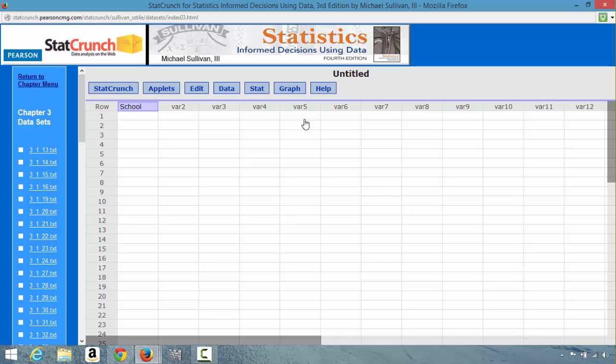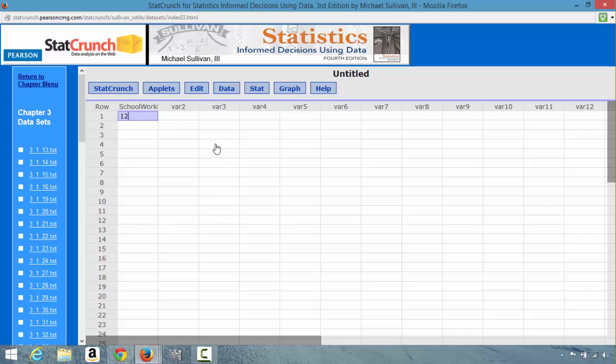Schoolwork hours. I'm using camel case letters. If you are naming your variable, no space. Don't use space. You see variable 2, variable 3, there is no space, so don't use space. You can use camel case.